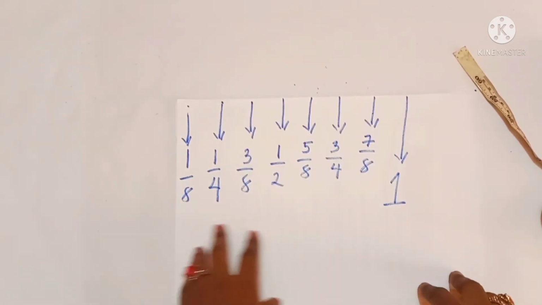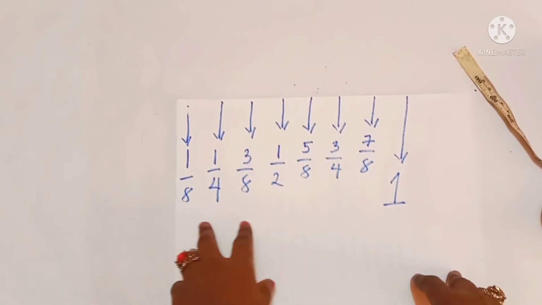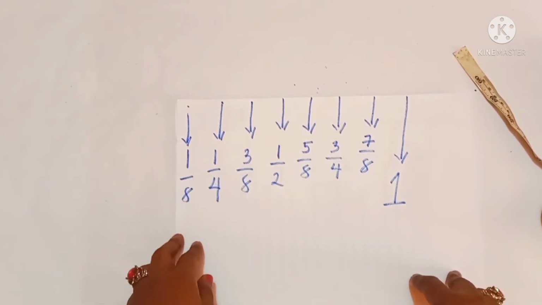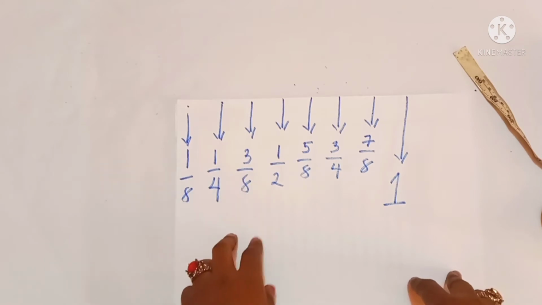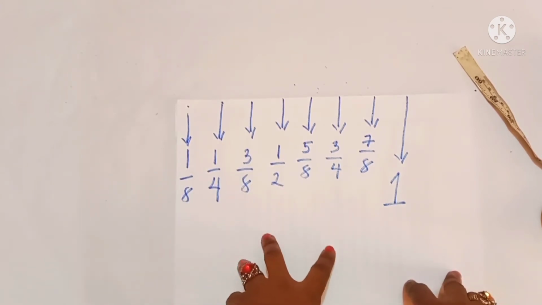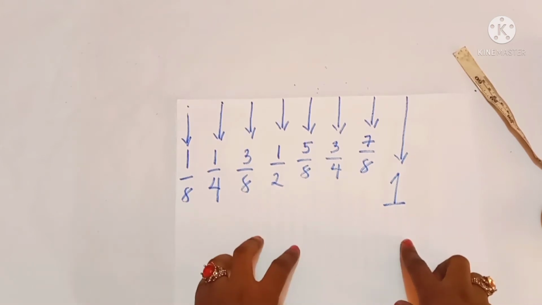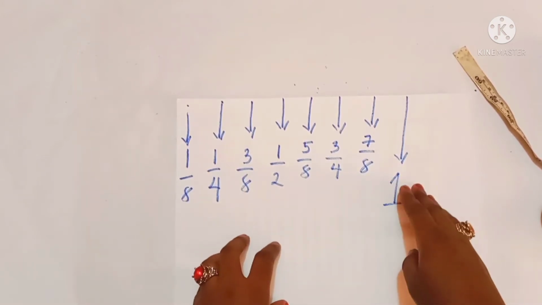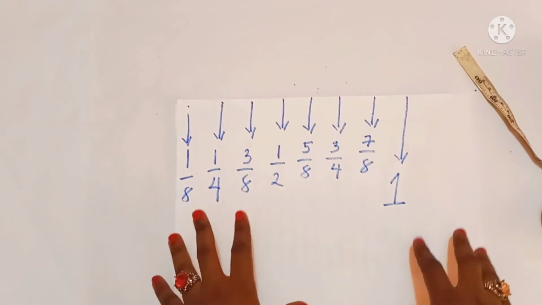So this is what we have on the tape with 8 lines: 1/8, 1/4, 3/8, 1/2, 5/8, 3/4, 7/8, and 1. I'll be showing you guys how we arrived at these figures. So let's get started guys.